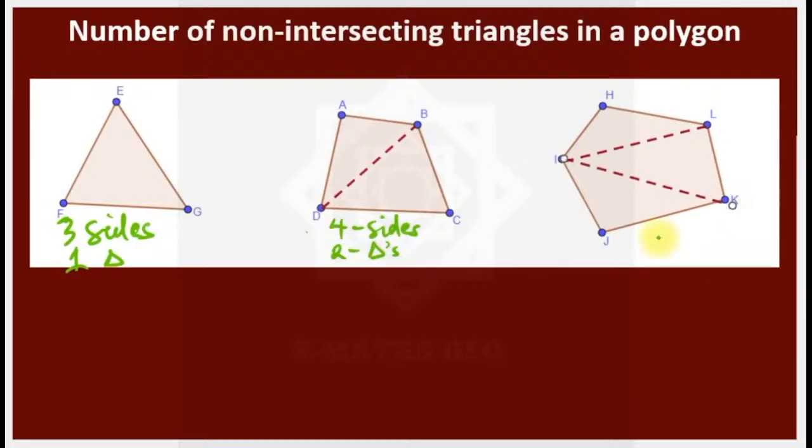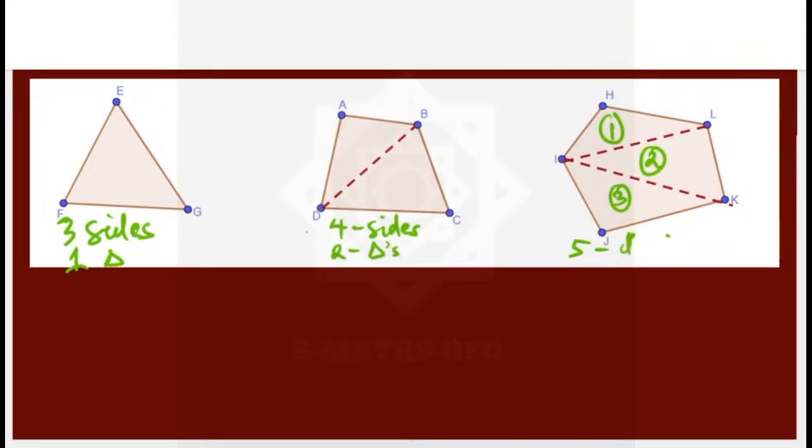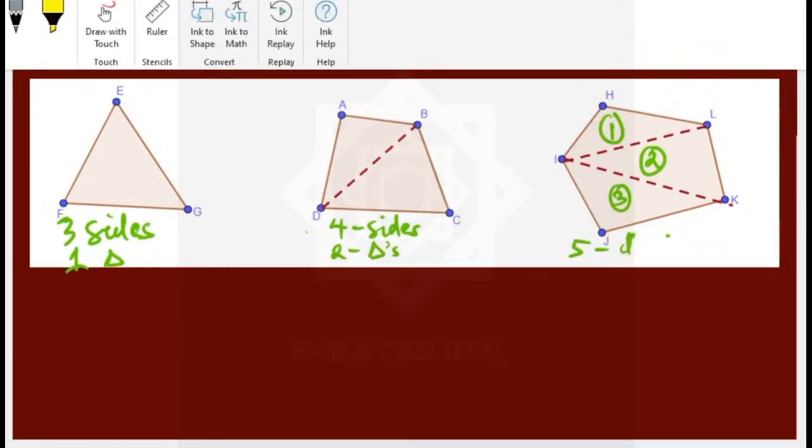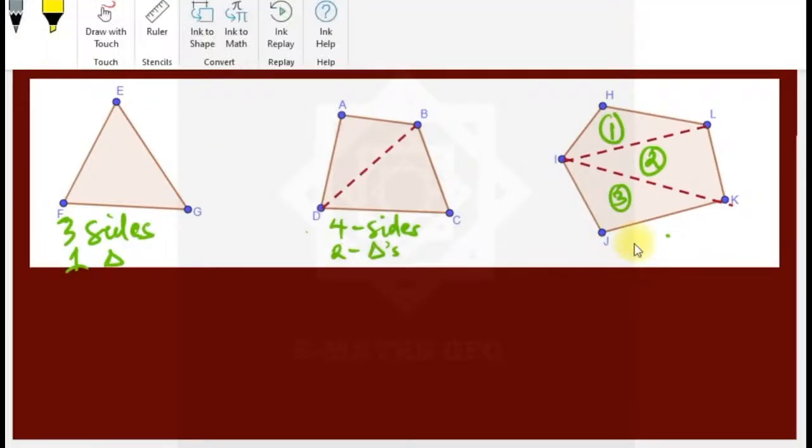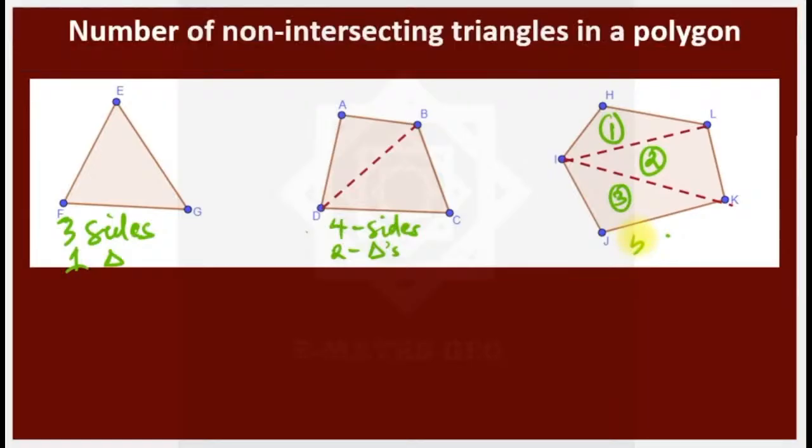We have how many triangles? 3. 1, 2, and 3. So, since we have 5 sides, we have 5 sides. How many triangles? 3 triangles.